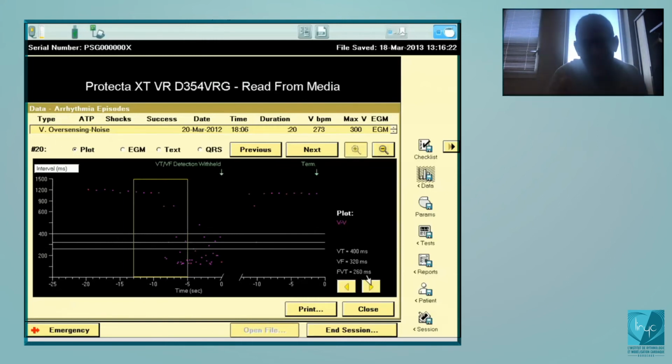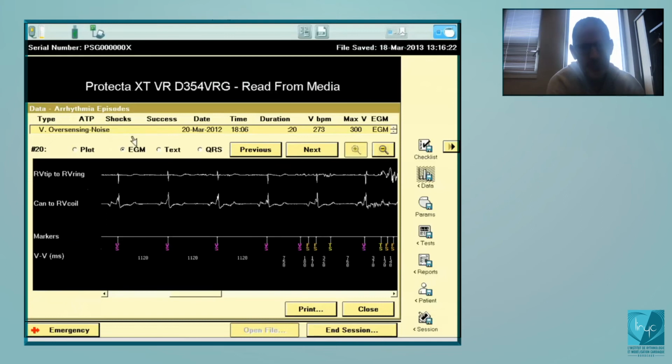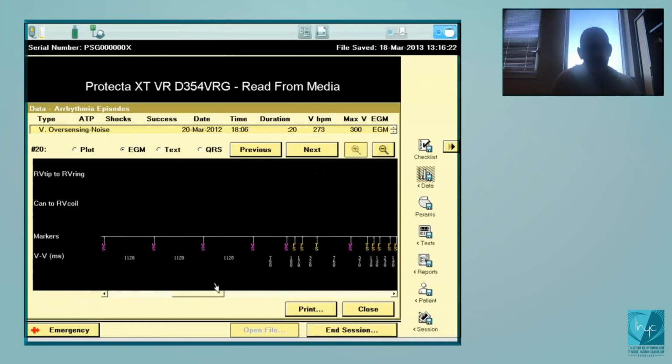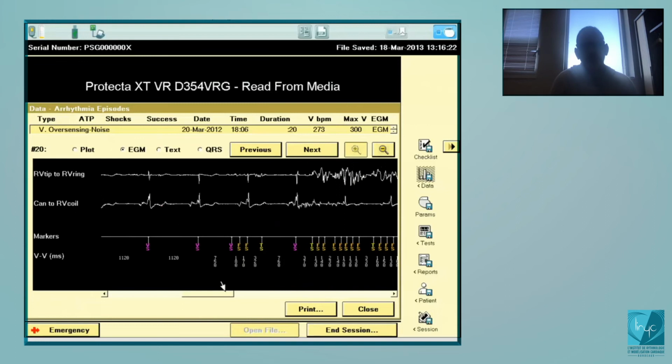As I said, there is a second algorithm which is supposed to be complementary. What you see here is V oversensing noise. If you show us the EGM, it's based on the comparison, and I will not go too much into detail, between the bipolar channel and the shock channel.